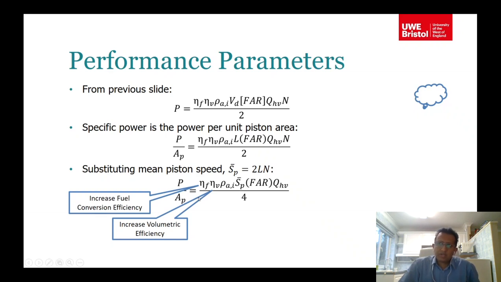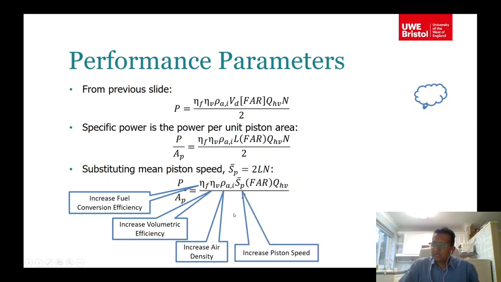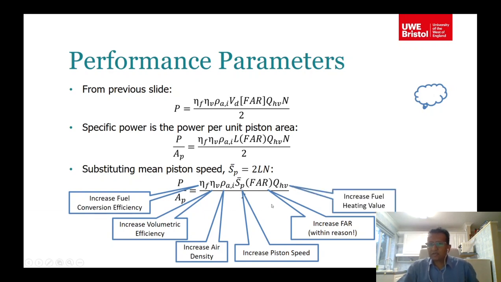If you have higher volumetric efficiency, your power will be increased. If your air density is higher, your power will be increased, and if your mean piston speed is higher, your power will be increased. And if you increase the fuel to air ratio within reason, that again will give you more power, and increased fuel heating value will also give you more power. So this equation is quite important to determine how much power you can gain.